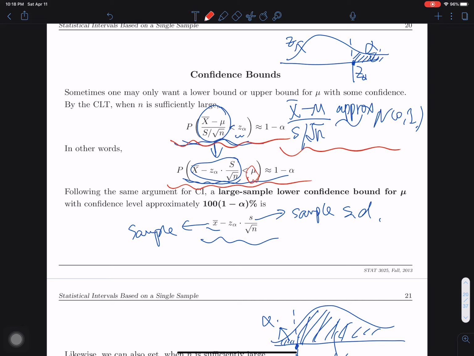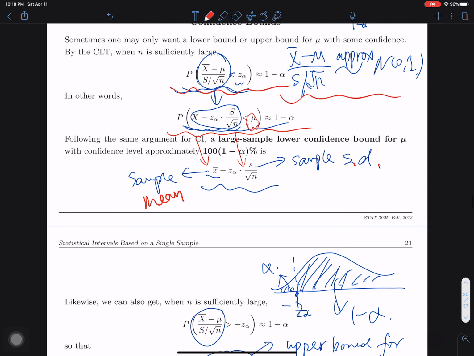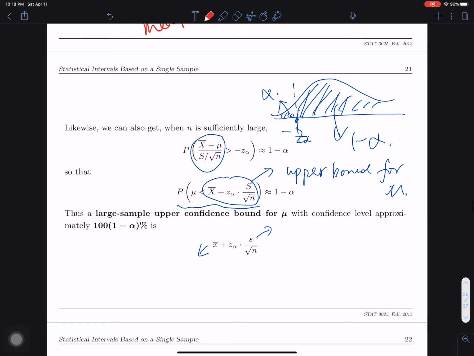Then plug in the x bar and s, where x bar is the sample mean and s is the sample standard deviation. So we get a lower bound for mu. And similarly, we can get an upper bound for mu.